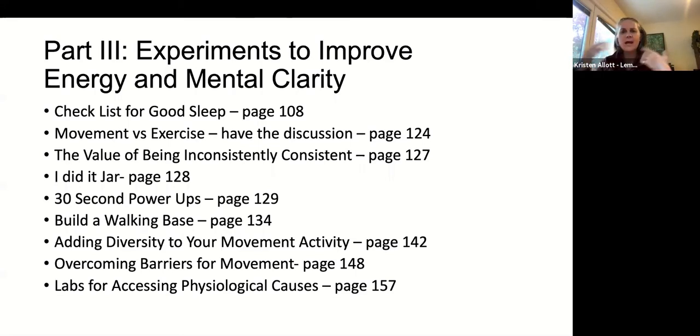But with any life skill, most people, when they're building a new life skill, do it for a while and then they stop doing it. And it's the going back to it that needs to be applauded rather than the not doing it.